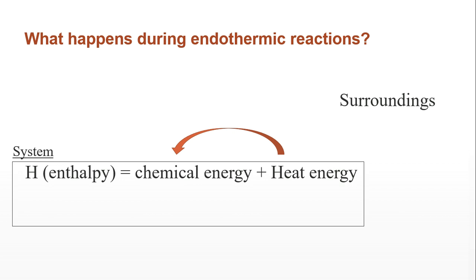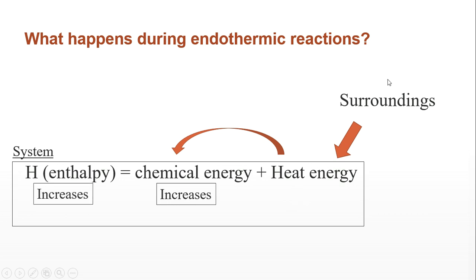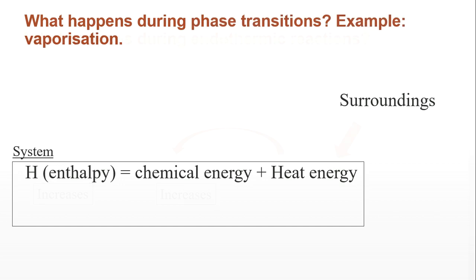However, if the heat energy in the system is used up, then the energy has to come from the surroundings, because if the system is cooler than the surroundings, energy will flow from the surroundings into the system. Effectively, we add energy into this system this way, and then the enthalpy of this system will also increase. So that's a way of thinking about this.